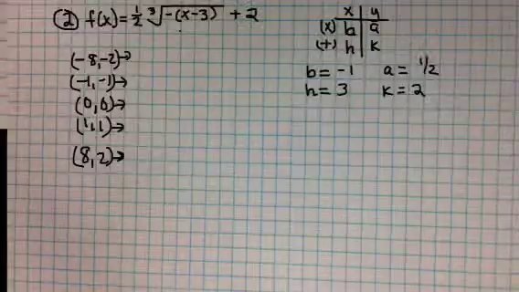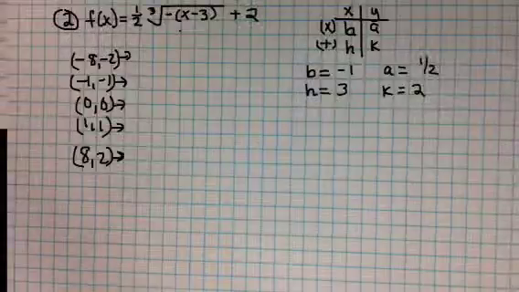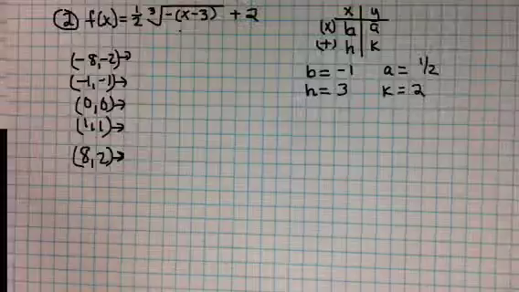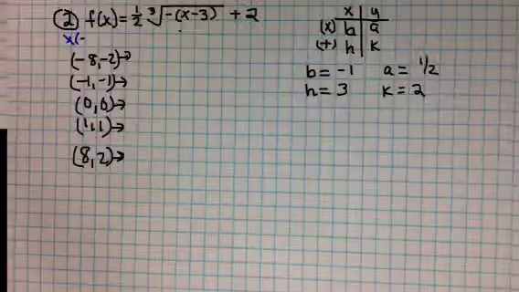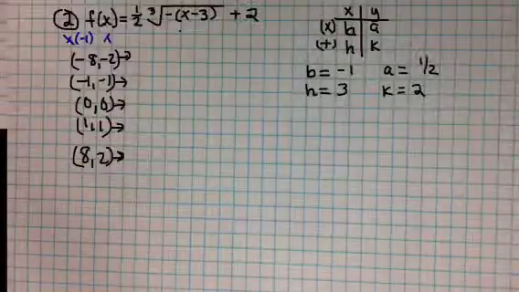Okay. So the first step is going to be to apply the b and the a. That means that we're going to multiply all the b's by -1, and all the a's by 1/2.